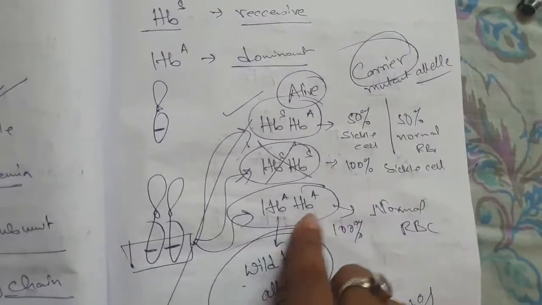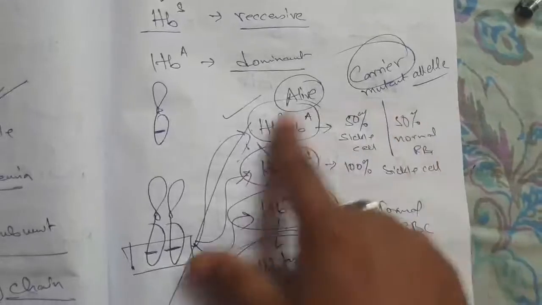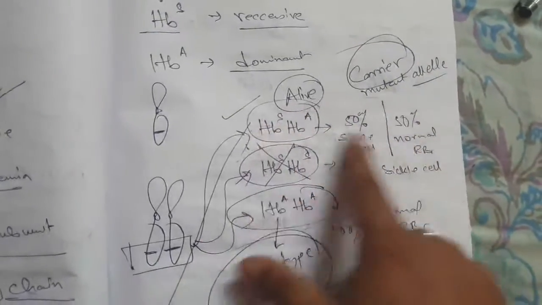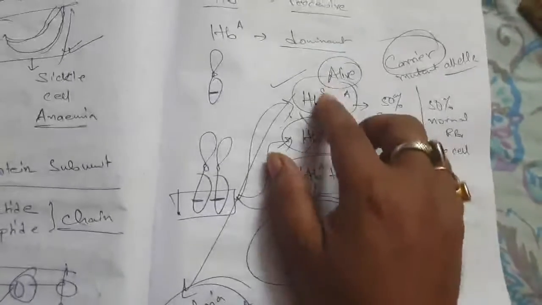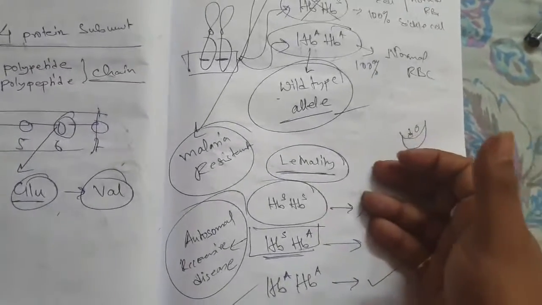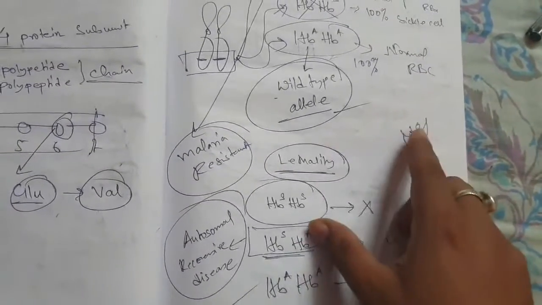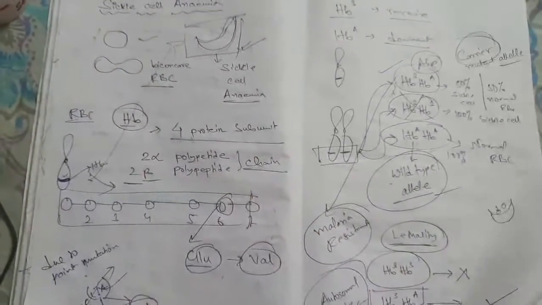But this type of person is a carrier of the mutant allele, and this type of people are also resistant to malaria. Remember that. So this is lethality. Lethality means carrying a lethal gene. So don't confuse pleiotropy with lethality. Many students do that.